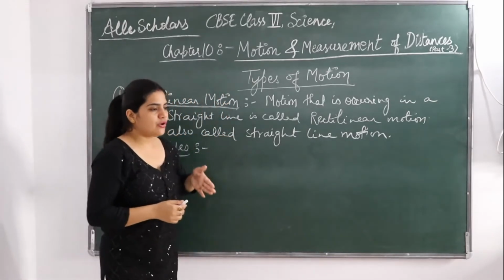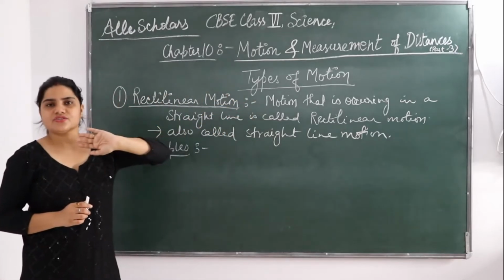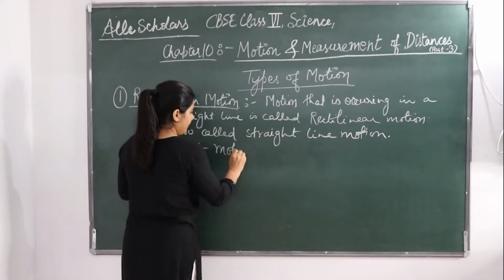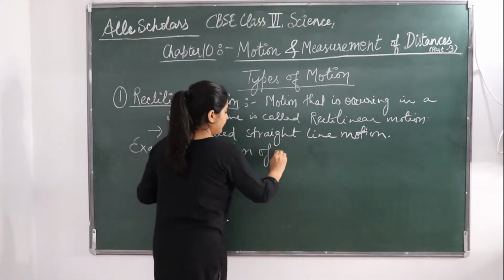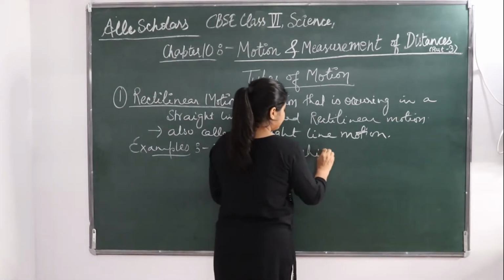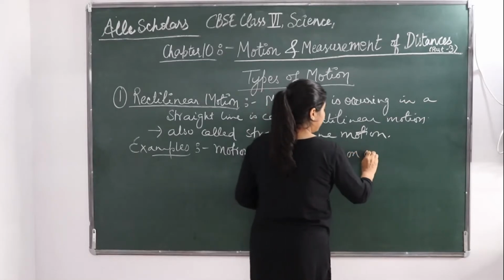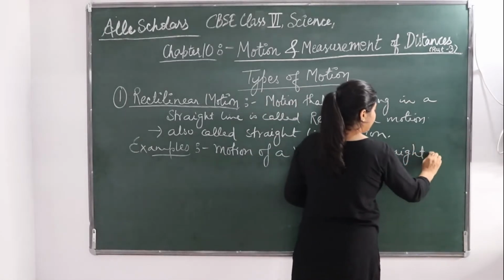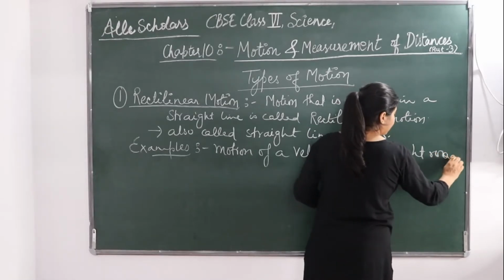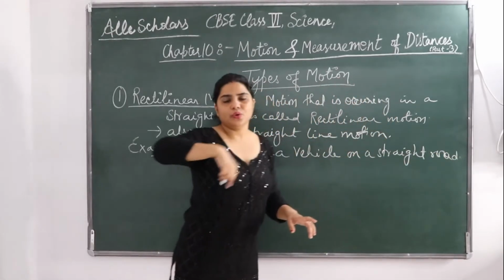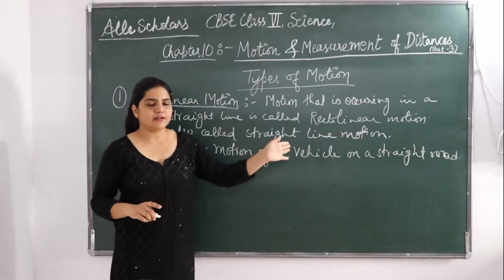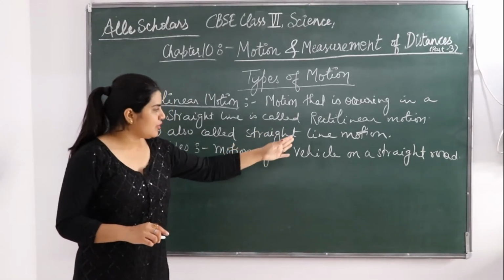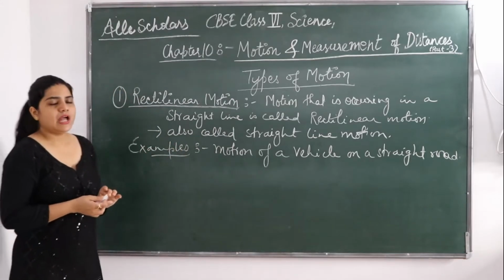So, motion of a vehicle on a straight road. Remember to write a straight road, because sometimes there are circular roads also, sometimes there are zigzag roads also. But we are talking about the motion of a vehicle on a straight line.